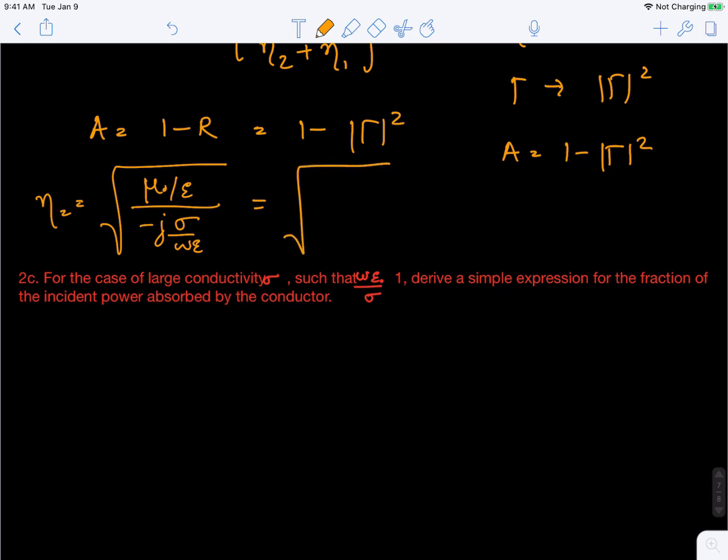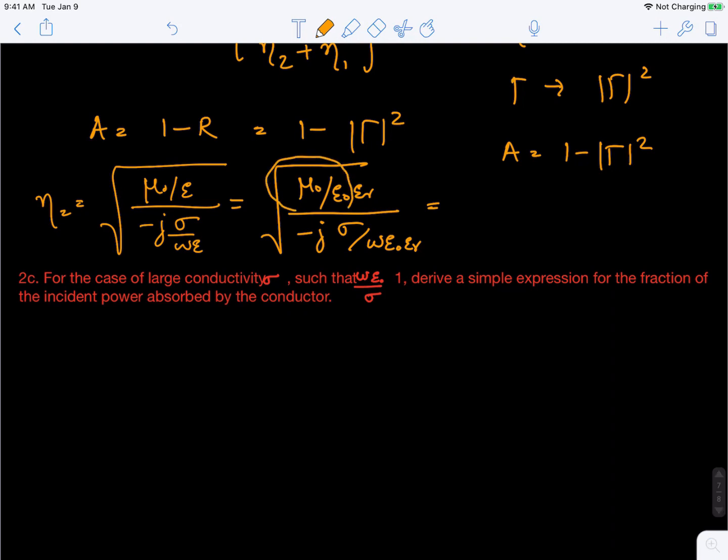So this would become square root of mu naught by epsilon naught epsilon r divided by minus j sigma by omega epsilon naught epsilon r, which is equal to, we know that square root of mu naught by epsilon naught is eta naught, so we write it as eta naught square root of 1 by epsilon r.